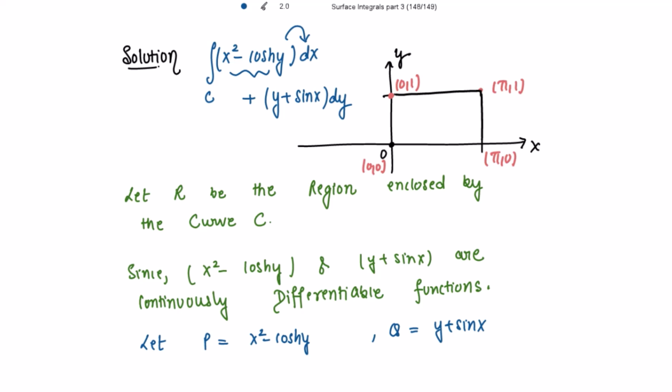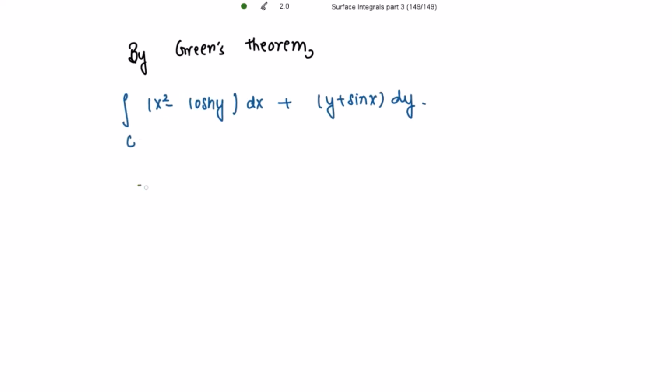Now let's apply Green's theorem. By Green's theorem, the given line integral is equal to the double integral over the region R, where this is your P and this is your Q. The first term is differentiating Q with respect to x, minus differentiating P with respect to y, with dx dy.